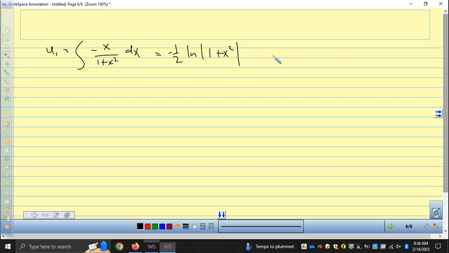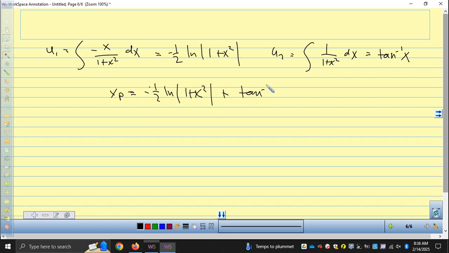U2 is the integral of 1 over 1 plus x squared dx, which is inverse tangent of x. And my particular solution then is minus 1/2 natural log 1 plus x squared plus inverse tangent of x. And the entire solution is y sub c plus y sub p.